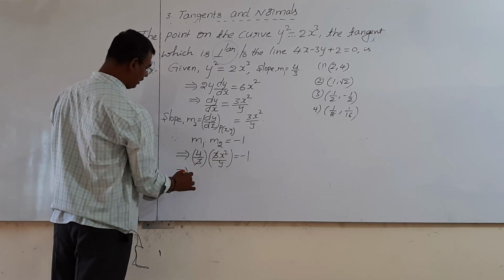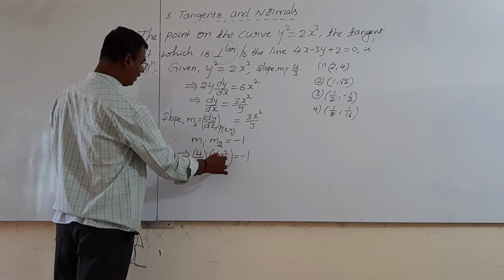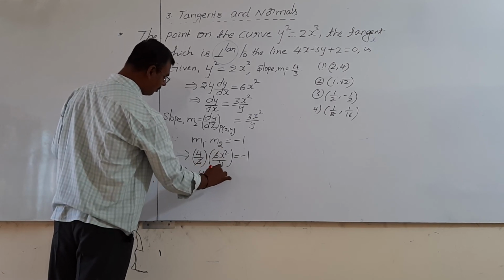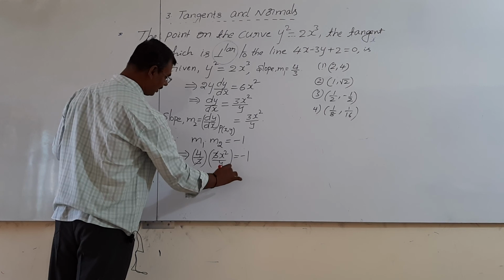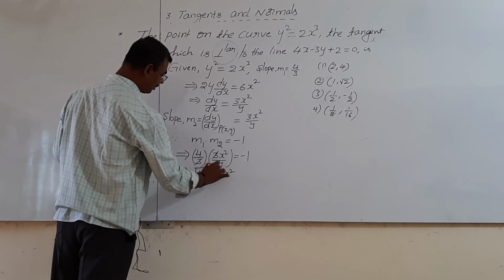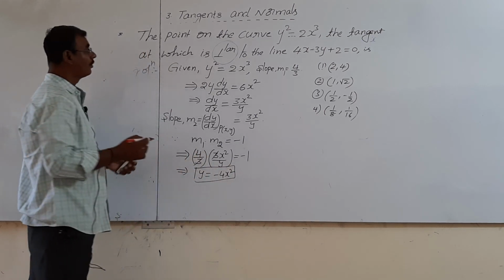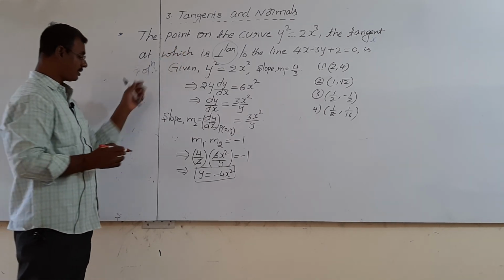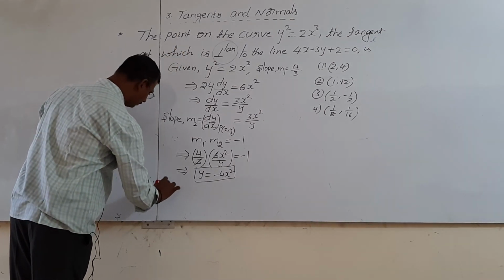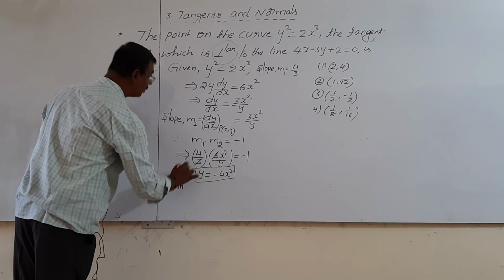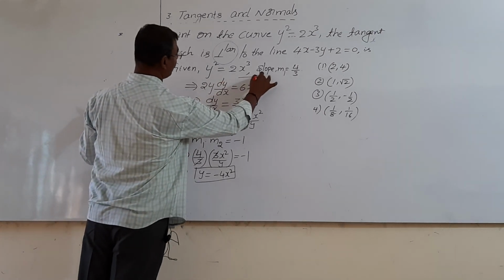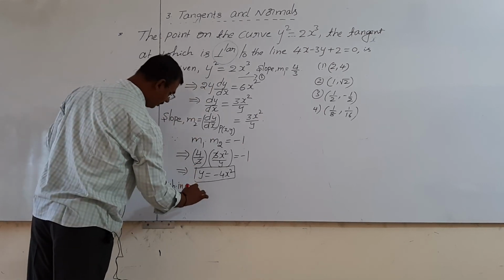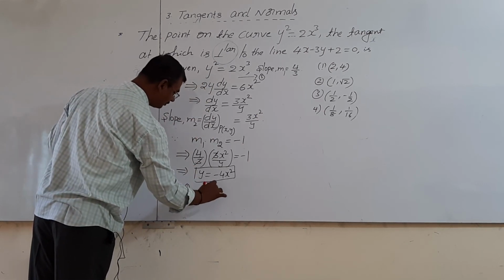So 4x square is equal to minus y, or y is equal to minus 4x square. So we got the y value. Now substitute in which one? In the curve only. Taking it as equation number 1, substitute y is equal to minus 4x square.